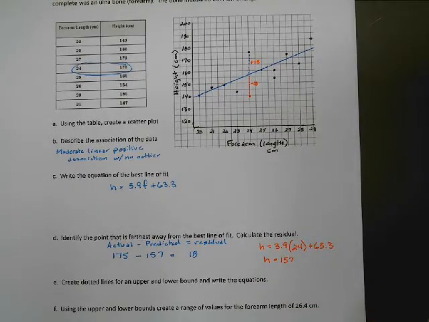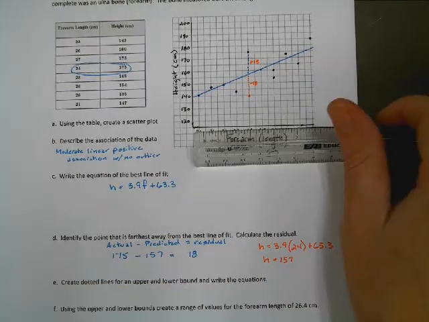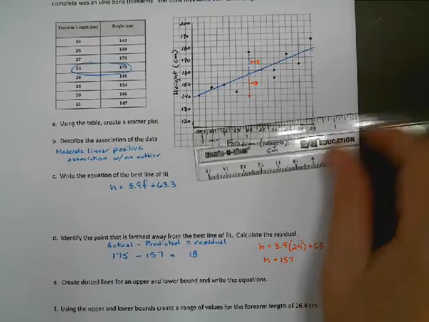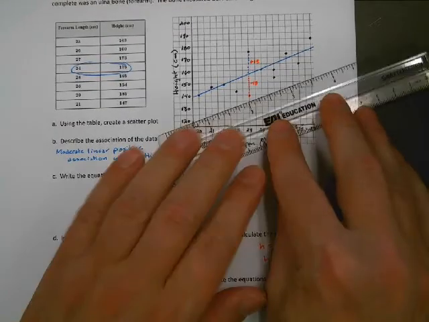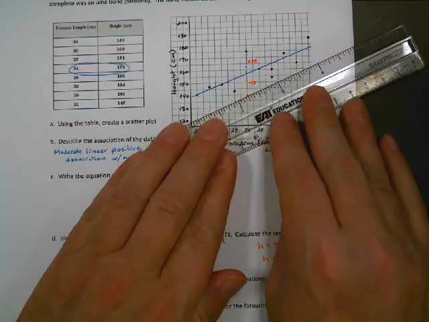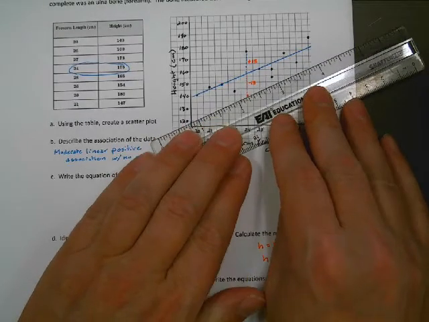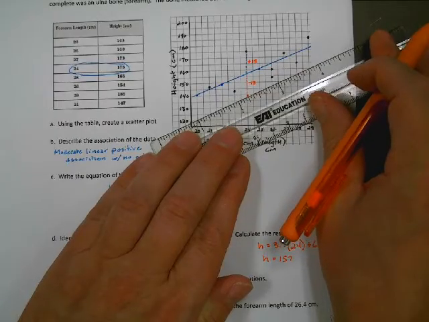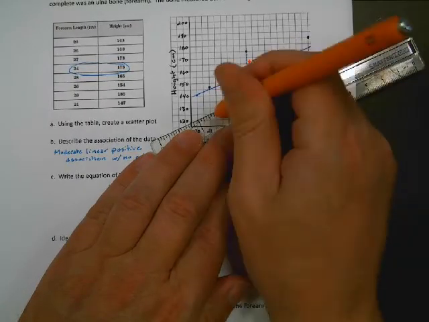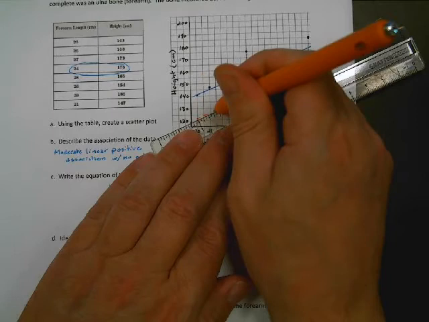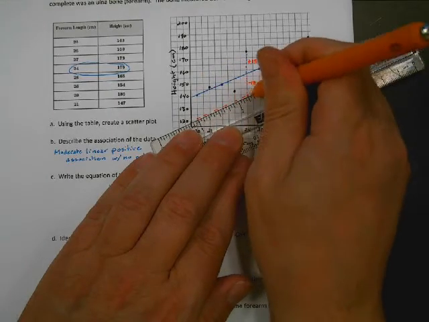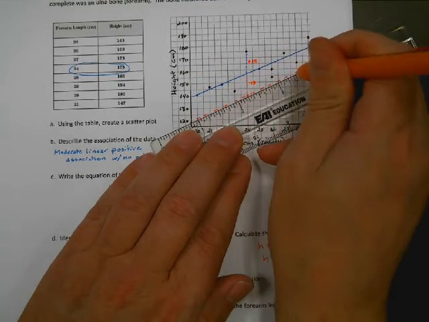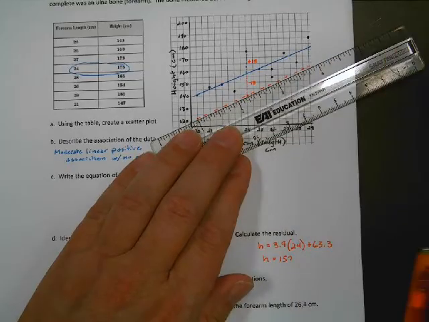And so what we want to do is create dotted lines for the upper and lower bounds. Let's do the lower one right here. And we want this line to be parallel to this line up here. So there's my lower bounds.